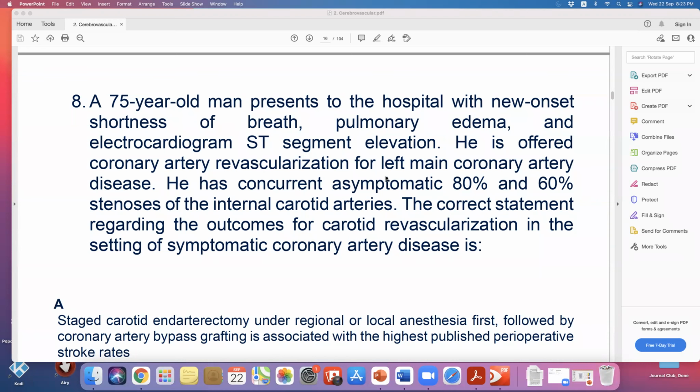I think Martin also talked about this a month ago, when he said that they do many carotids with the cardiac surgeons. For these patients, if it is not left main and not symptomatic, I will leave it.